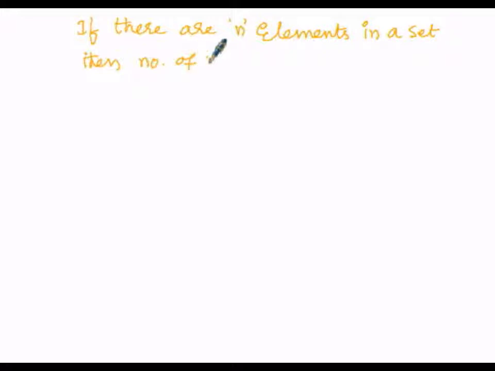So if there are n elements in a set, then the number of subsets of that set is given by 2 to the power of n.